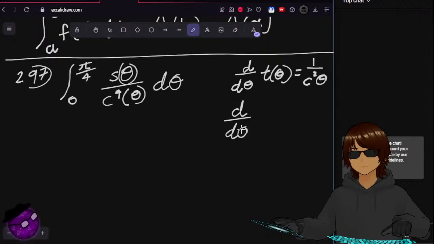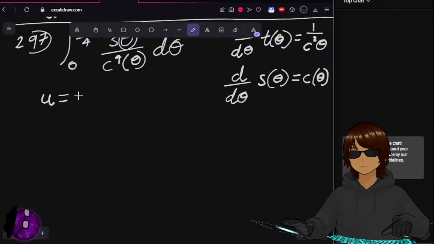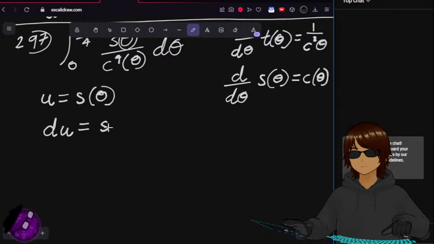Derivative of sine theta is cosine theta. So let's say u is equal to sine theta, du is equal to cos theta.